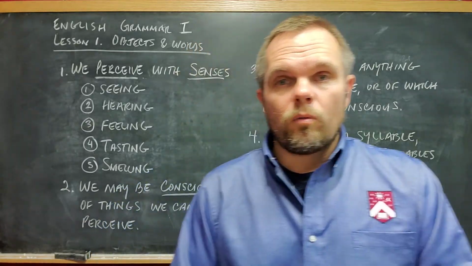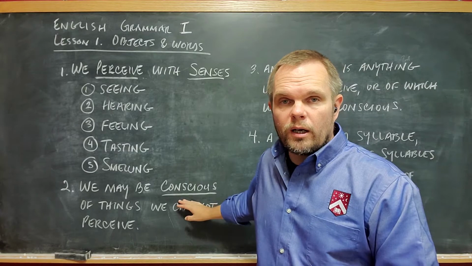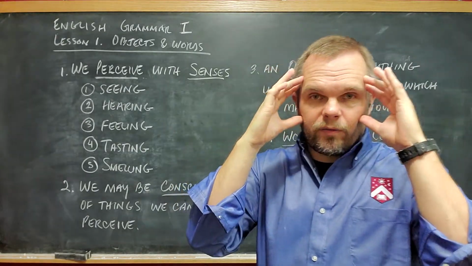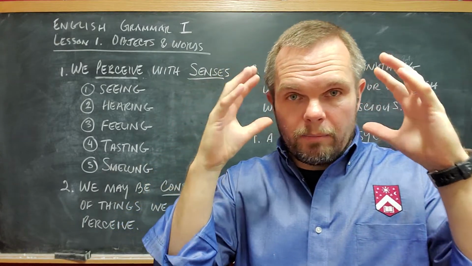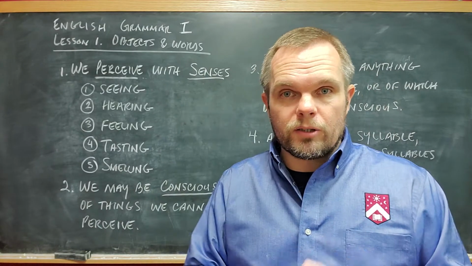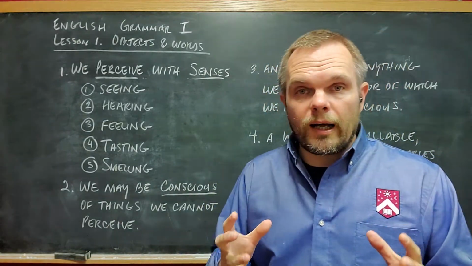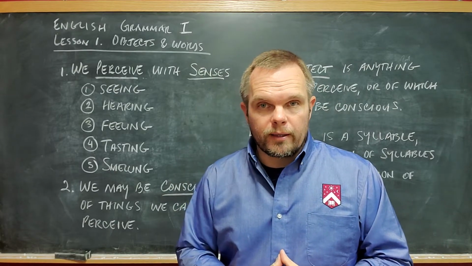Now, when we're conscious of something, we have an image in our minds, and that image is called an idea. An image in our mind is called an idea. When we're conscious of something, we have an idea of that thing.